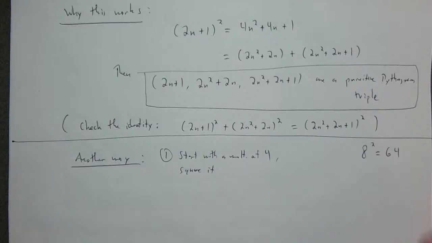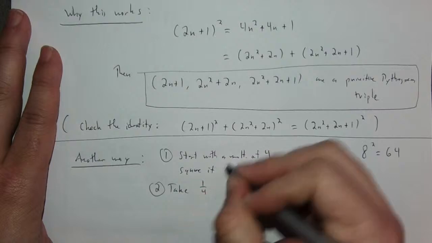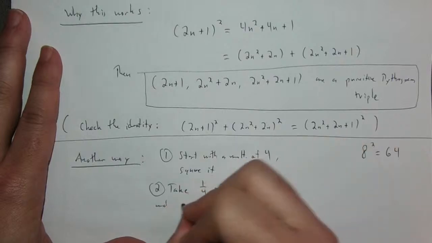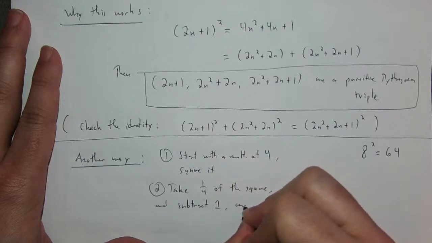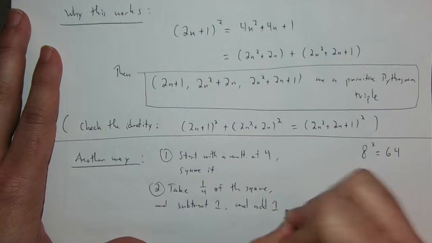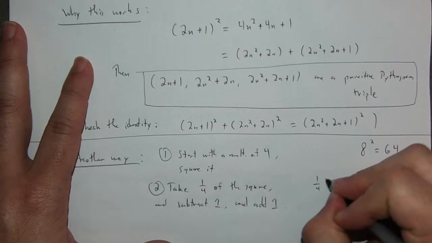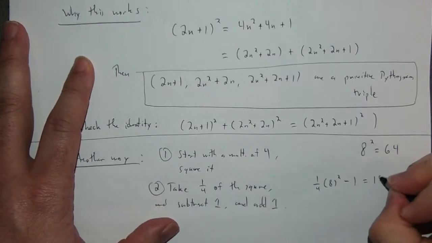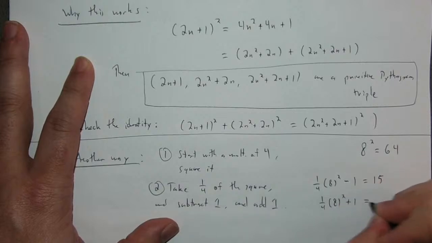The idea is to take 1/4 of this square and subtract 1 and add 1. This is going to give me 2 numbers. Okay, so 1/4 times 8 squared minus 1, well, that's 15. And 1/4 times 8 squared plus 1 is 17.